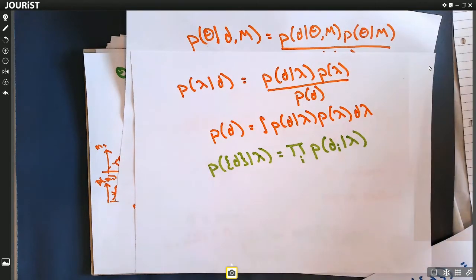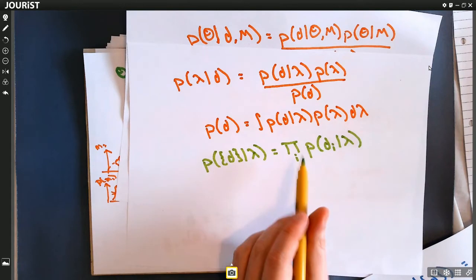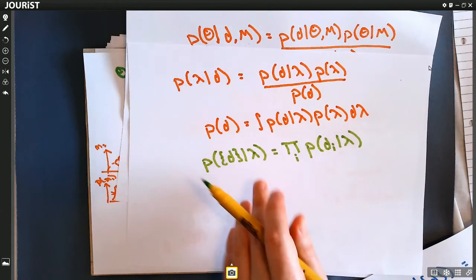Okay, so we can multiply these all together and then substitute in to our term above.